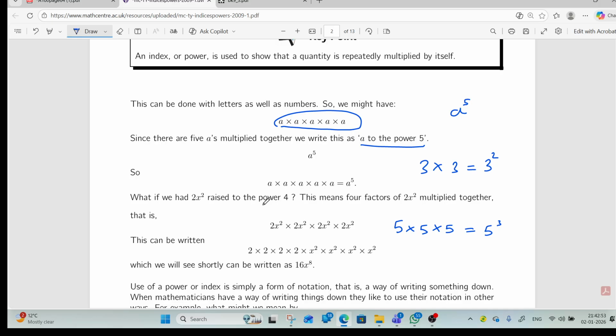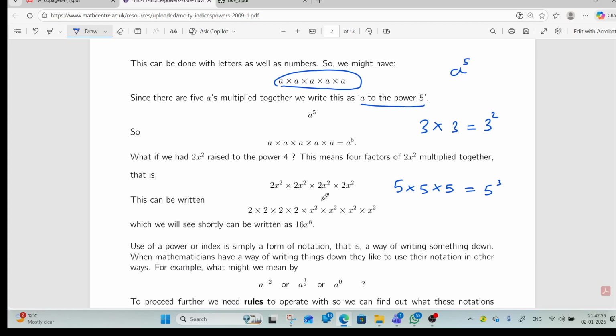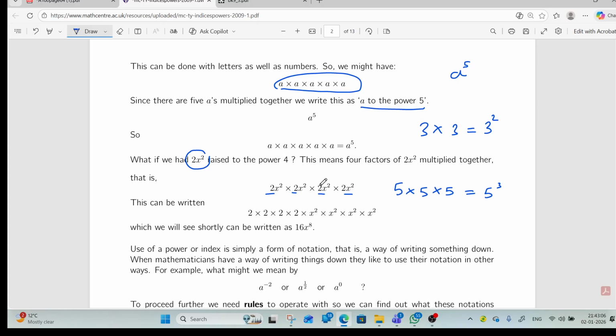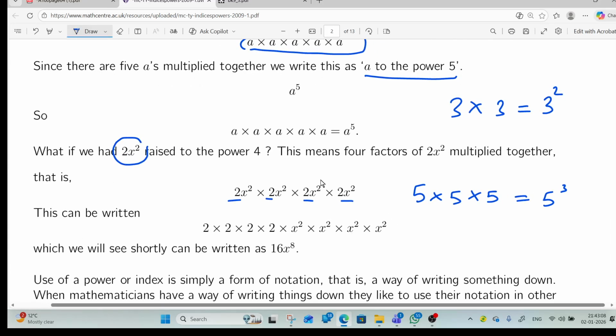Now suppose we have this: 2x square, which is multiplied by itself 4 times, right? We can write 2 separately. 2 is a constant number, so we write 2 four times. Then x square is again 4 times.